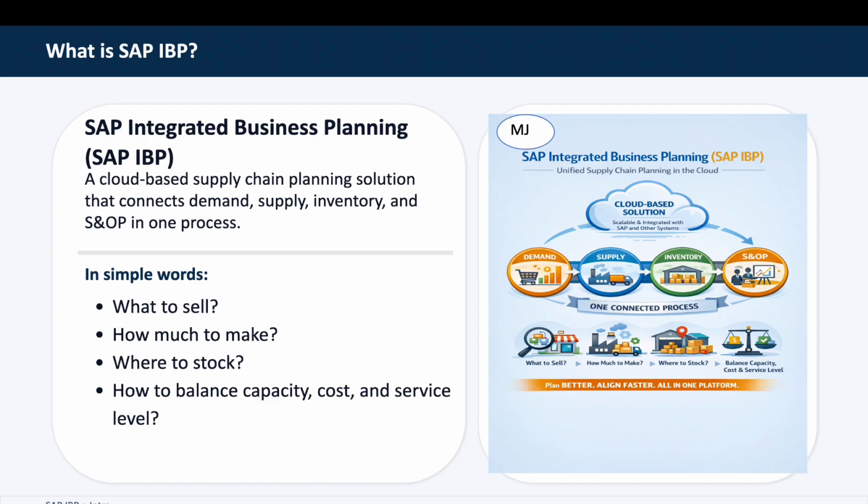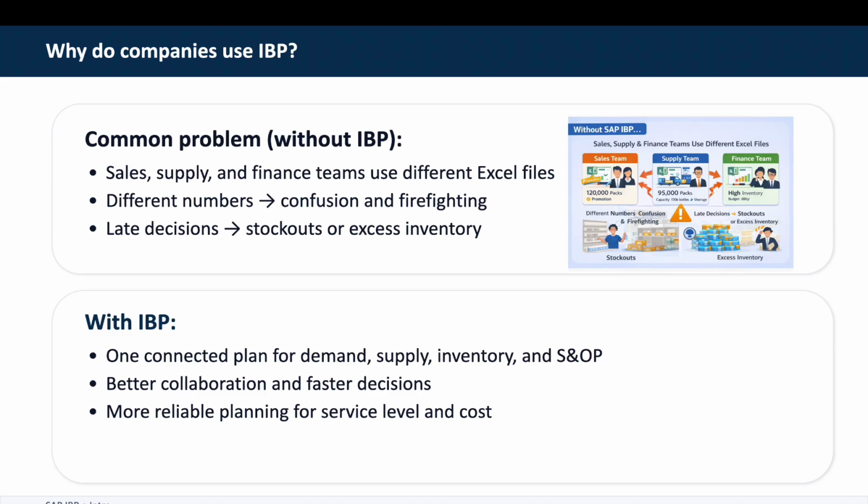So, why do companies need IBP? What is the main problem? Let me explain the real problem in companies. Usually different teams work separately. Sales team says we will sell more next month. Factory team says we don't have capacity to make more. Warehouse team says we don't have space for too much stock.